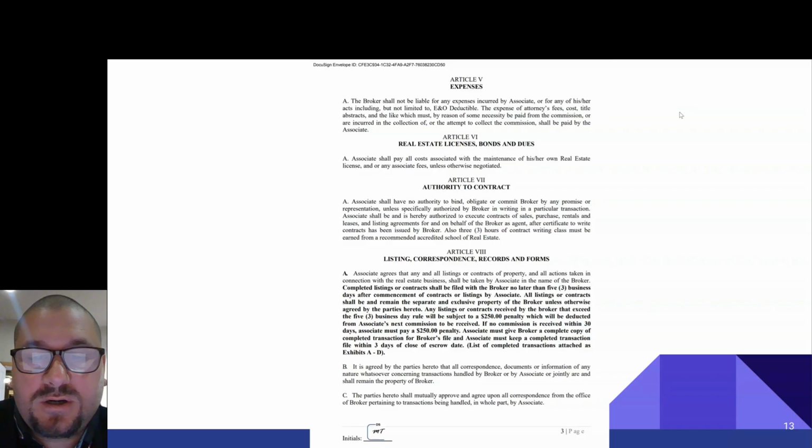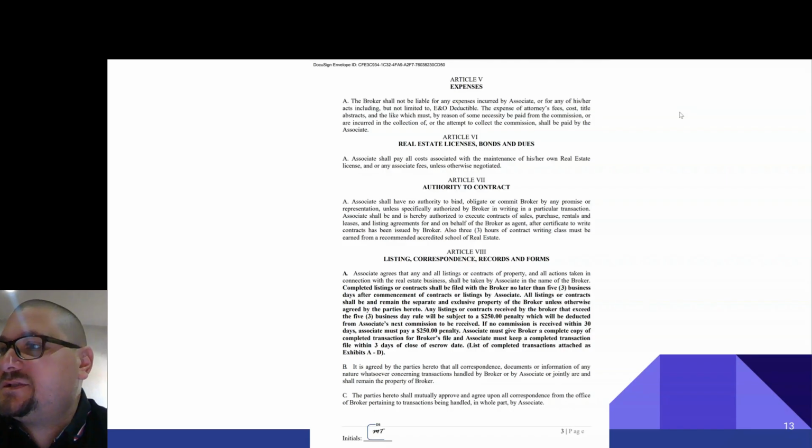B, it is agreed by the parties hereto that all correspondence, documents, or information of any nature whatsoever concerning transactions handled by broker or by associate or jointly are and shall remain the property of broker. So again, it is agreed by the parties that all correspondence, documents, or information of any nature whatsoever concerning transactions handled by a broker or any associate or jointly are and shall remain the property of broker.